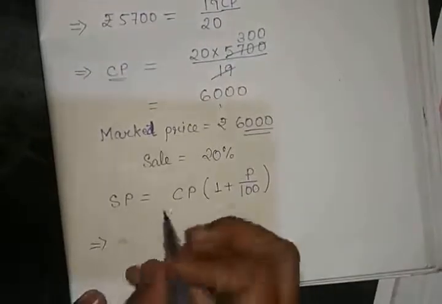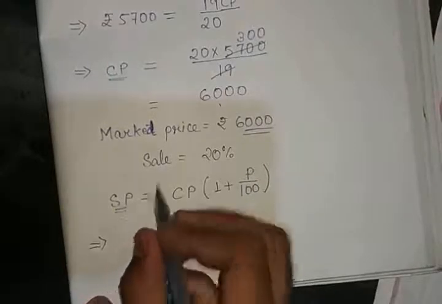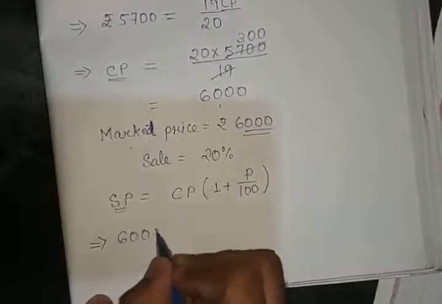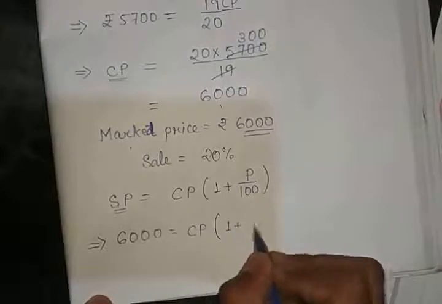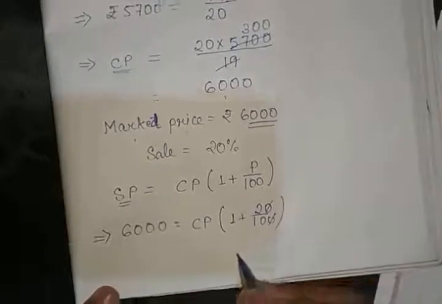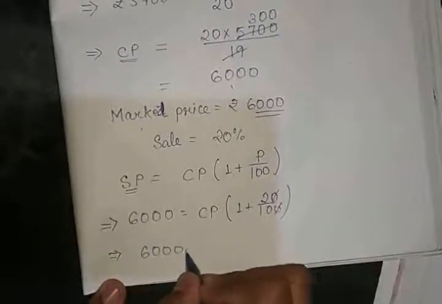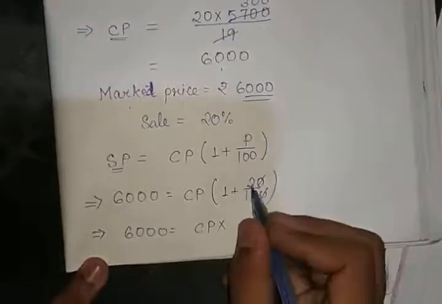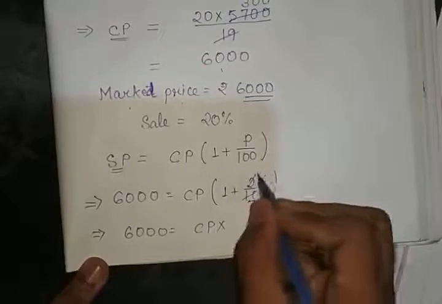Now we want to find out the cost price. This time this selling price is the mark price. It will be 6,000 is equal to cost price into 1 plus 20 upon 100. Then 6,000 is equal to cost price multiplied by 120 over 100. Let's reduce this. 2 5s are 10, 5 1s are 5 plus 1, 6.